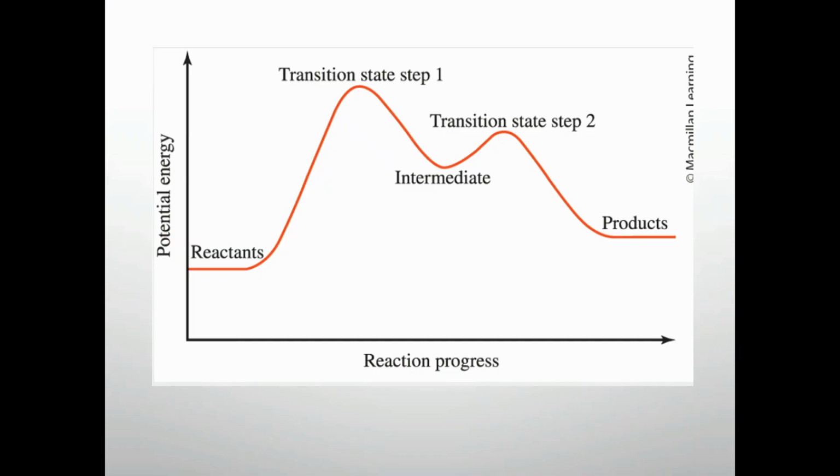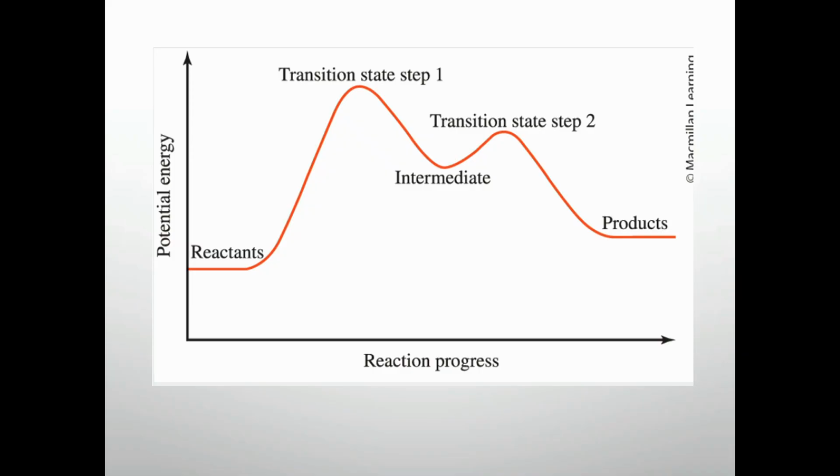So now this is what my energy diagram looks like. I start with reactants, I end with products. I have the transition state for step 1 and a transition state for step 2, and in the middle I have an intermediate. The intermediate is a chemical that I produce that is not a reactant or a product, will be formed in step 1 and immediately used up in step 2.